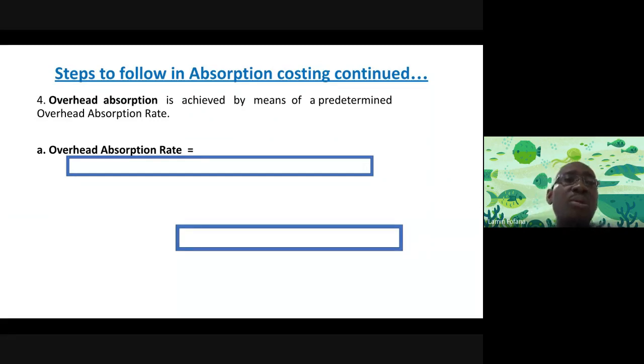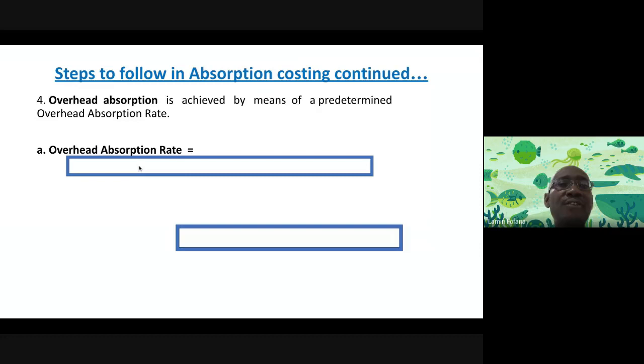But our problem is the general overheads. So the general overheads, what we do is we absorb them. By absorbing them, we mean we try to share them, and then make them belong to particular products or services or departments, if you like, right? So how do we do that?